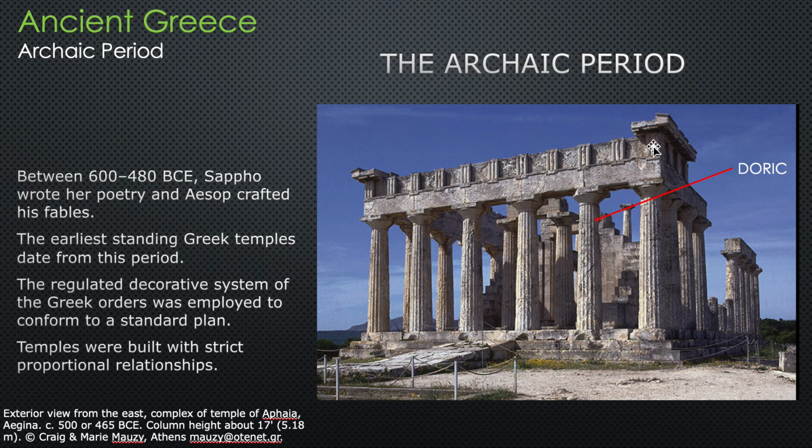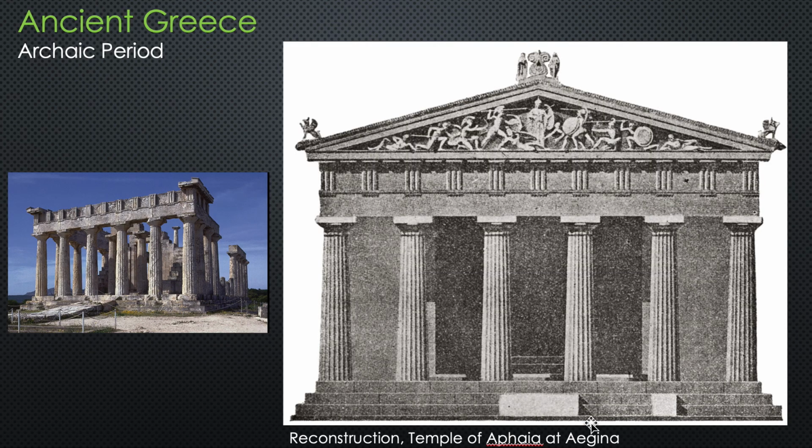Another aspect of Doric is this rhythm that is created across the top called triglyph and metope, but you don't need to know that. But if you ever see this rhythm on a temple, you should know it is Doric. But I always encourage students, just look at the column. So here's a reconstruction of what it would have looked like. So pretty interesting.